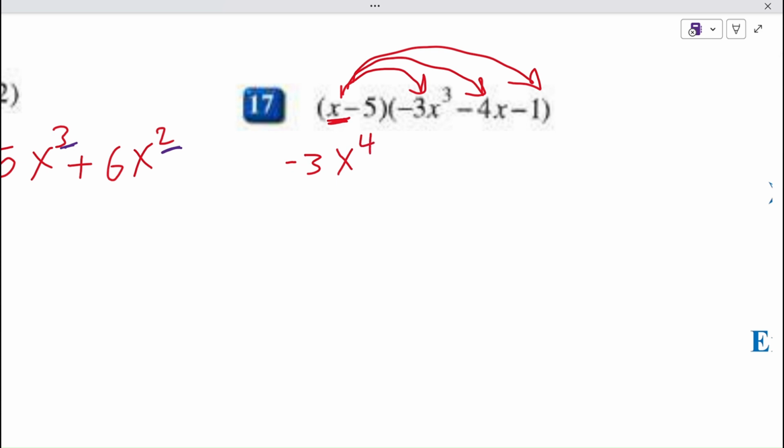So x times minus 4x is equal to minus 4x to the power 2. x times minus 1 is equal to minus x. Let's check it. Is this general form or not? Yes, this is general form because the exponent of this x is 4, then 2, then 1. So from greatest to least, this is general form.